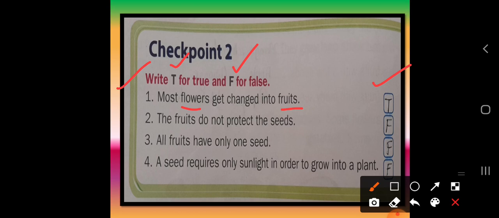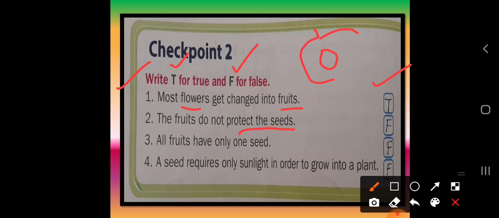The next question is: the fruits do not protect the seeds. So dear students, just recall what we learned in the last class. As I told you, the seeds exist in the middle part of the fruit.